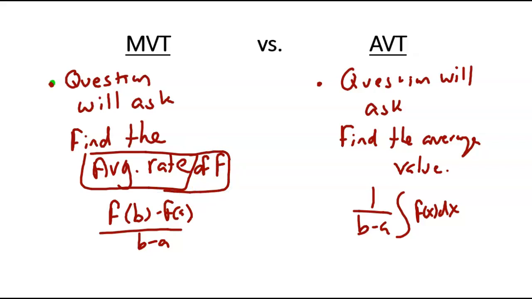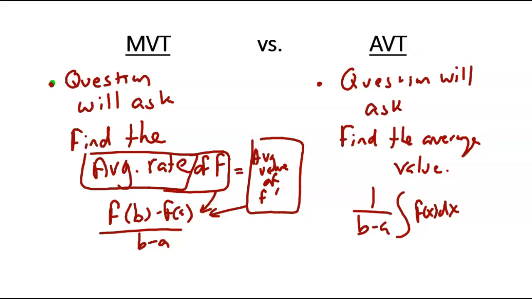If I say find the average rate of f, that's actually the same thing as saying find the average value of f prime. So both of these mean the same thing. The average rate of f is the average value of f prime. This over here is the average value of f. That's different than the average value of f prime. But the average value of f prime is equal to the average rate of f. So that's an interesting little relationship that they have.